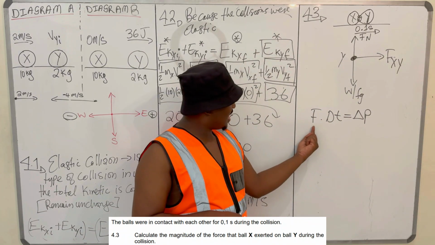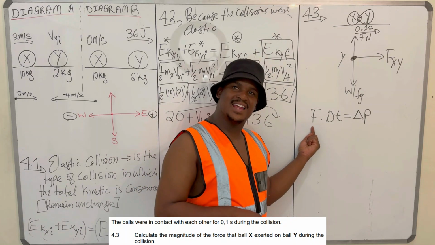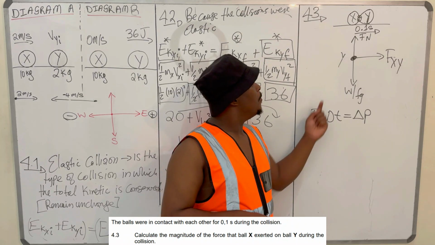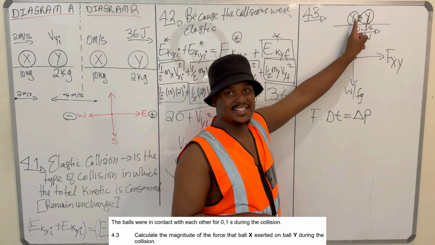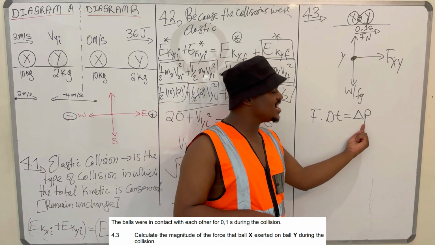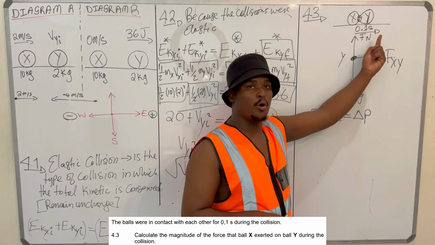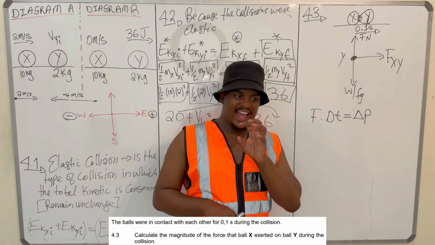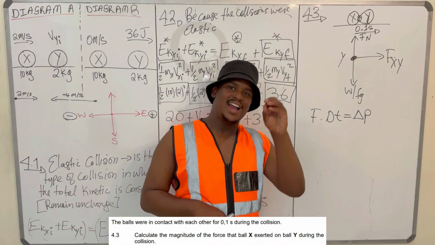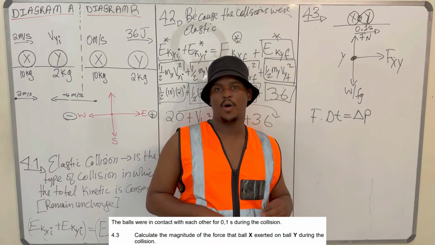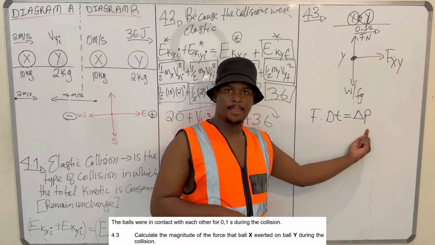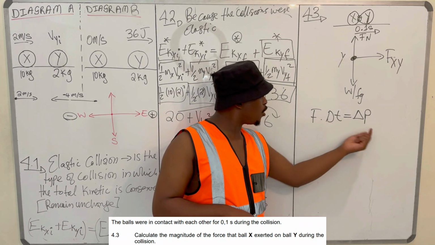Which means the net force experienced by ball y as a result of x, for a given period of time, is equal to the change in momentum of ball y. So this is the cause and this is the effect. The impulse causes the change in momentum.